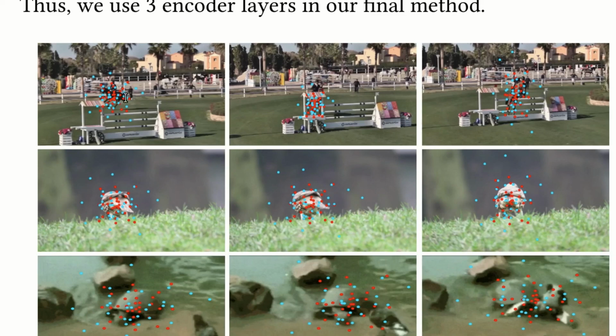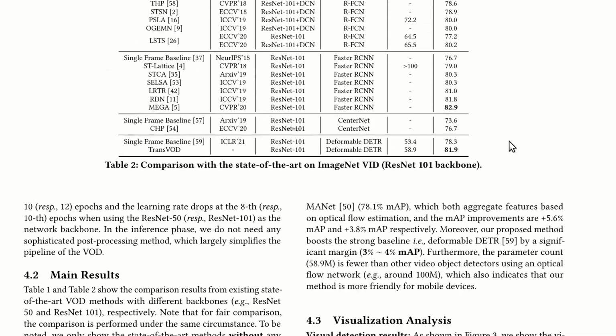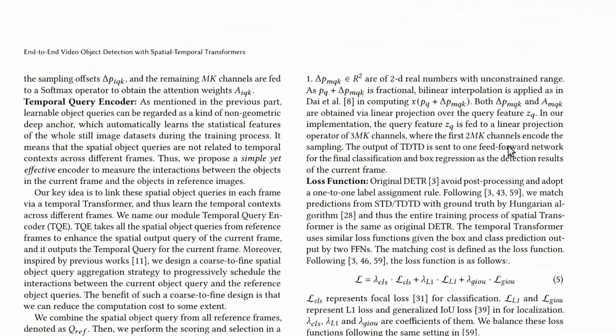In blue, we see attention of the spatial encoders, while the red ones are those of the temporal ones. And we see that the spatial ones in blue are more diffuse, while the red are more focused. And if we go back to the architecture, this totally makes sense.